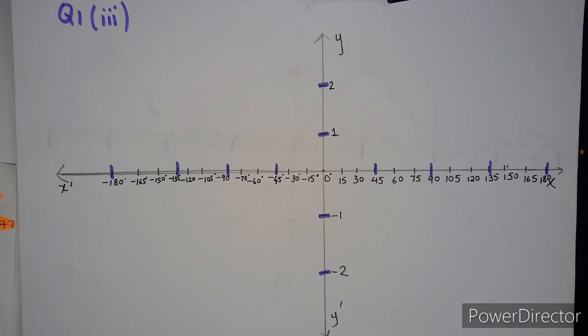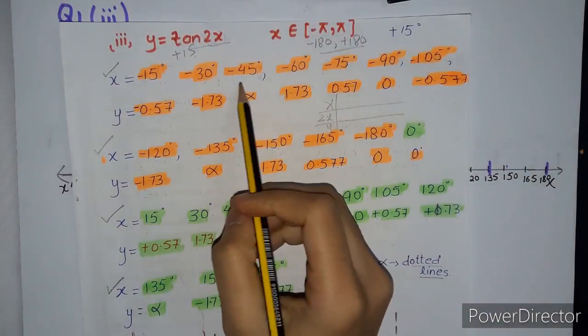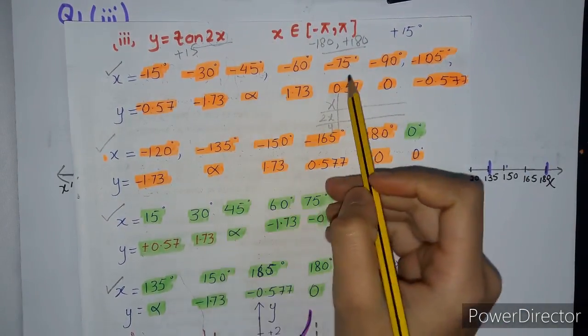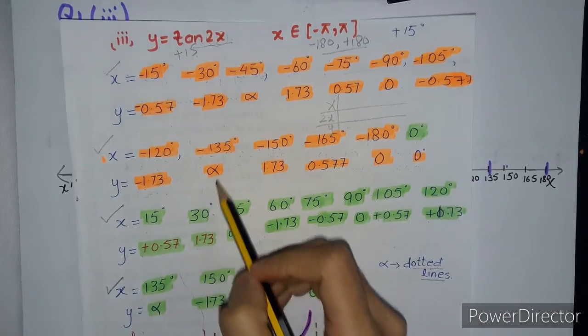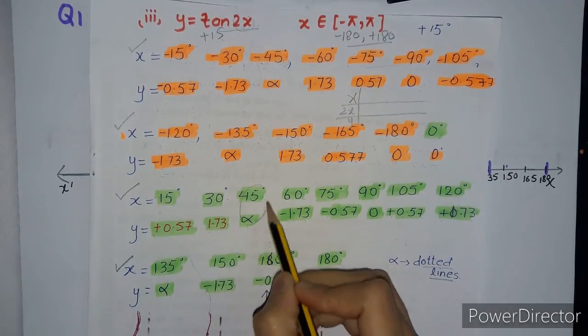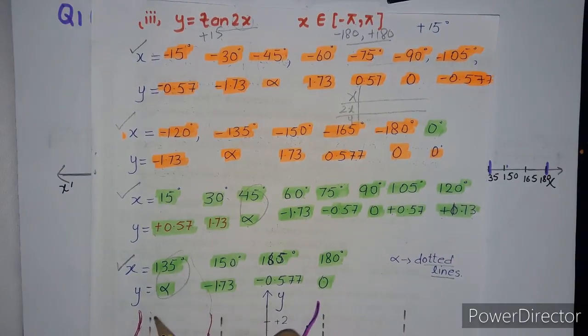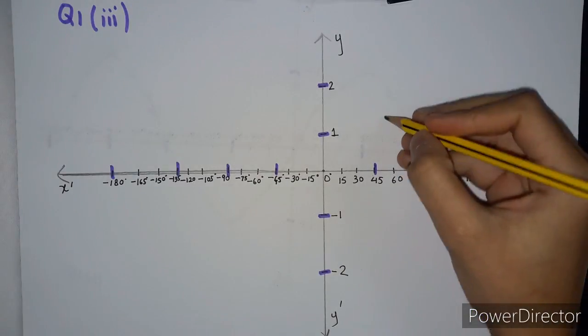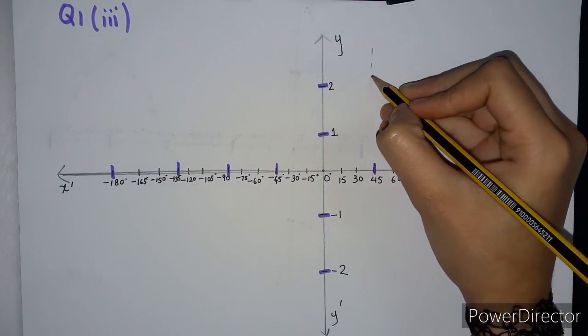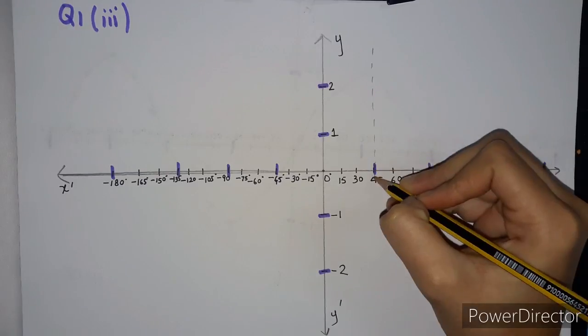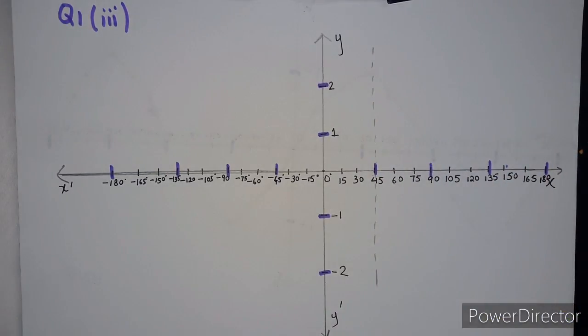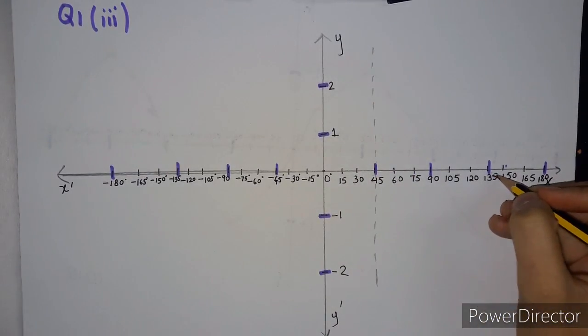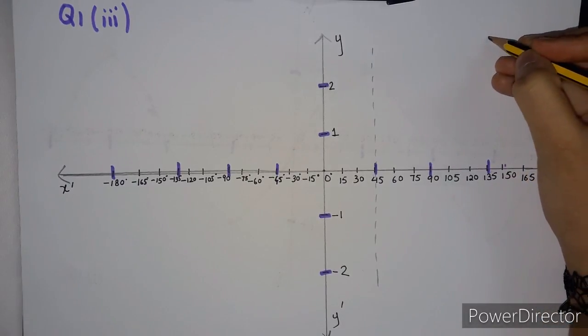Now moving towards the graph, I told you where there is infinity you put a dotted line. So minus 45 is infinity and minus 135 is infinity, positive 45 is infinity, and positive 135 is infinity. So putting a dotted line at 45, this is how you will put the dotted line, and at 135 as well.